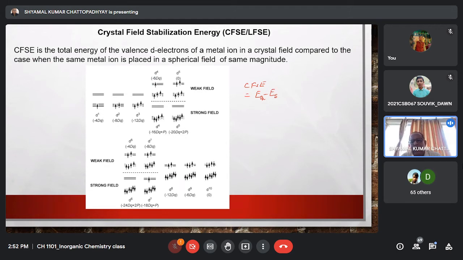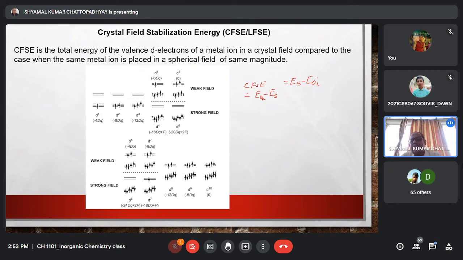But this was the earlier nomenclature, and very often modern books use the opposite nomenclature. That means E_S minus E_OH, right. So that means the energy difference between the spherical minus this, and if it is positive, because in the earlier nomenclature a more negative value means more stabilization, but modern books call stabilization positive.